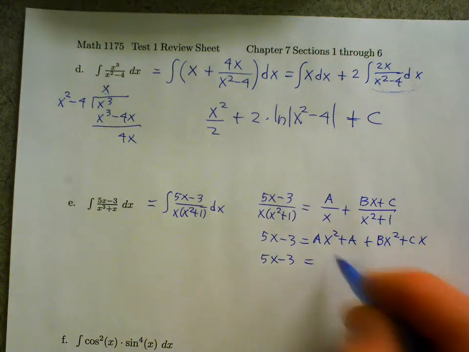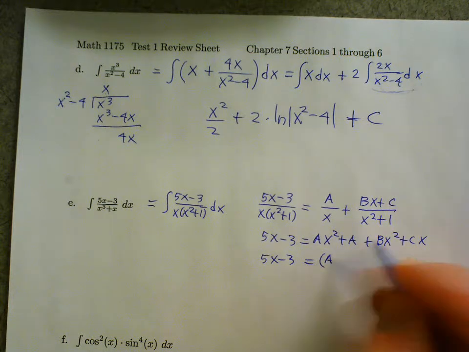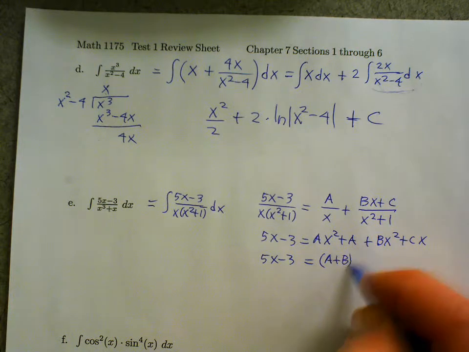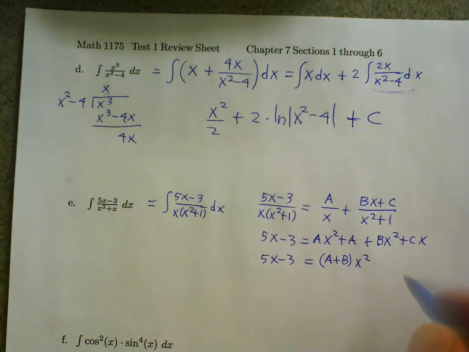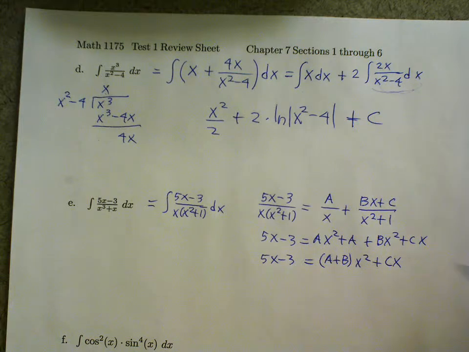Okay, let's write it one more step. So the coefficient of x squared is a plus b. The coefficient of x is c. And then plus a constant a.